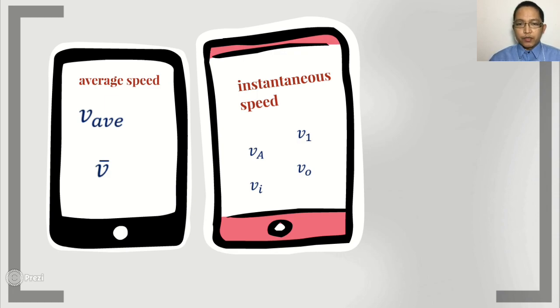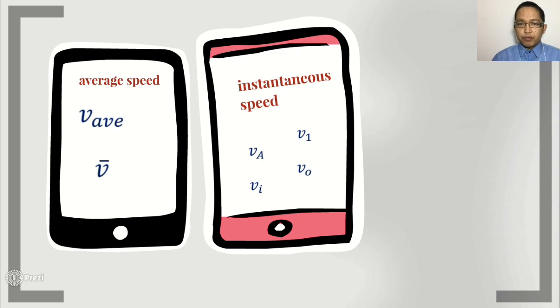You can make sense of the symbol by understanding that instantaneous speed is the actual speed at the moment, or instant. So speed at point A is written that way. Initial speed can be v sub i, or v sub 1, or v sub o for speed at origin.